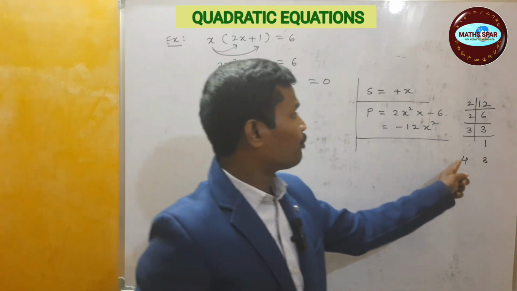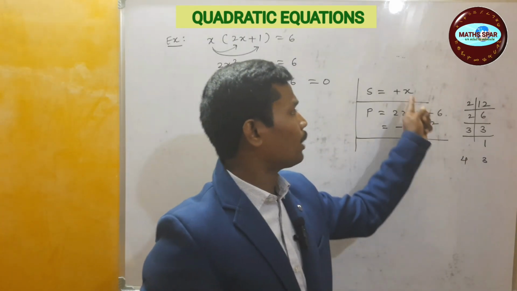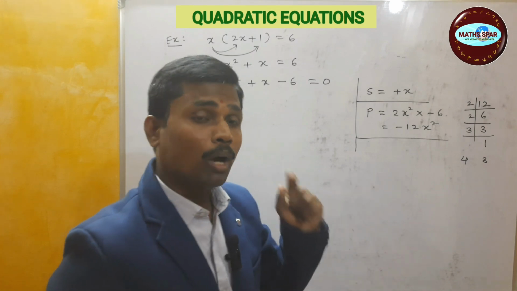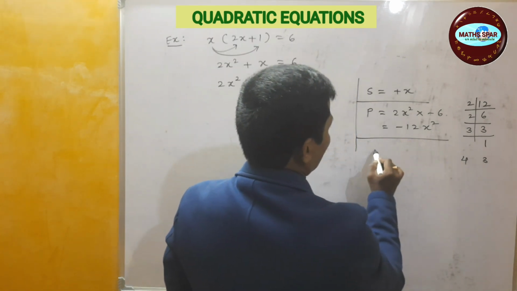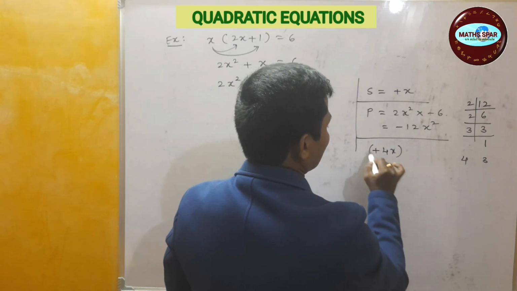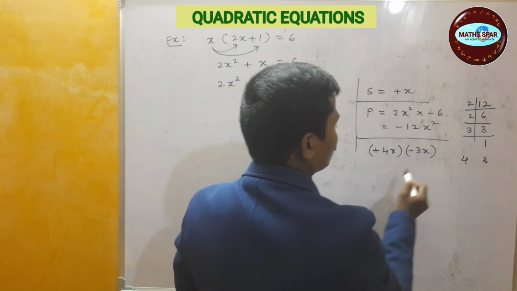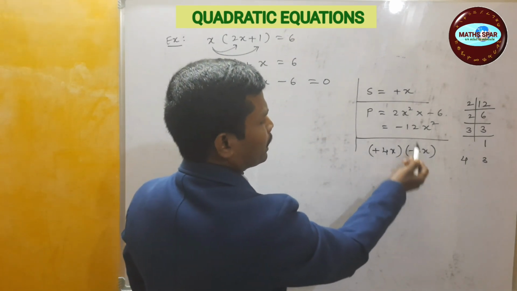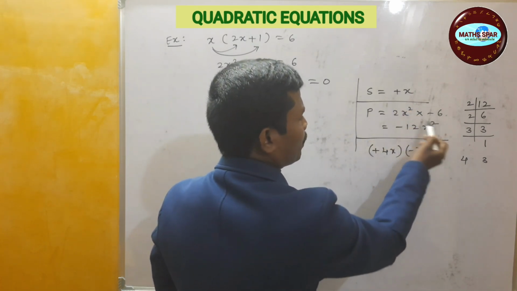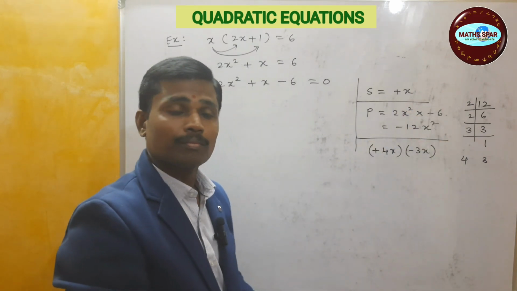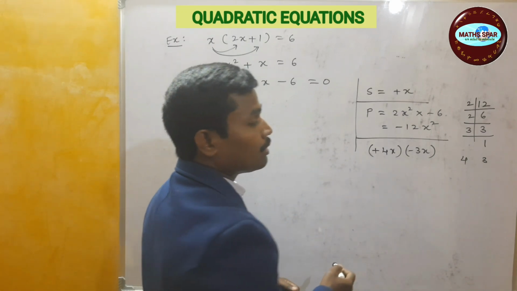If you subtract 3 from 4, you are getting 1. So what do we consider here? Plus 4x and minus 3x. Now if you check, plus 4x minus 3x is plus x, plus 4x into minus 3x is minus 12x square. So you will take this one.